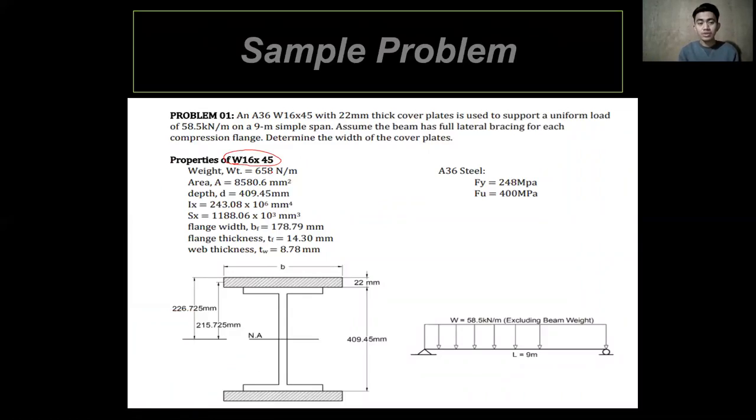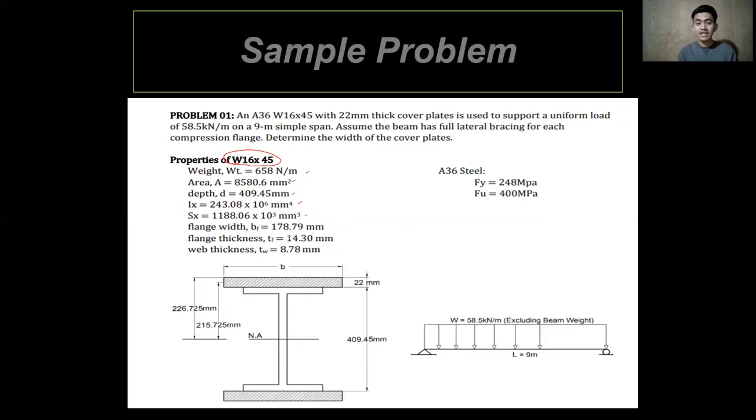You need to determine the weight, its area, its depth, its moment of inertia along the x-axis, section modulus along the x-axis, the flange width, the flange thickness, and the web thickness. All of these data are available in the said book that I have shown you earlier.